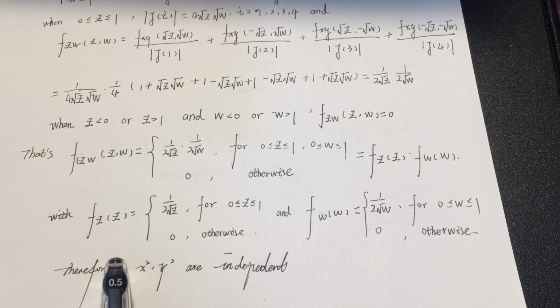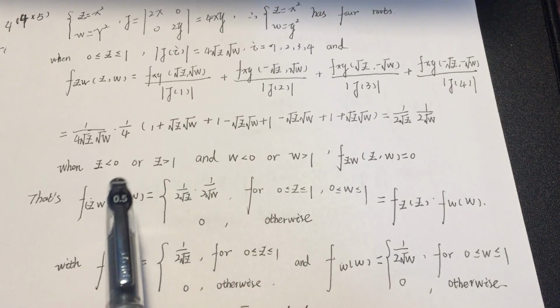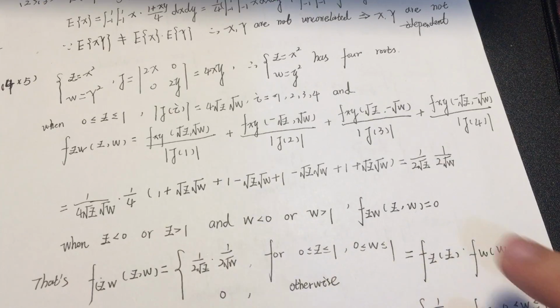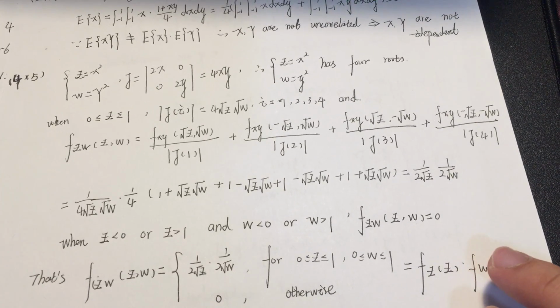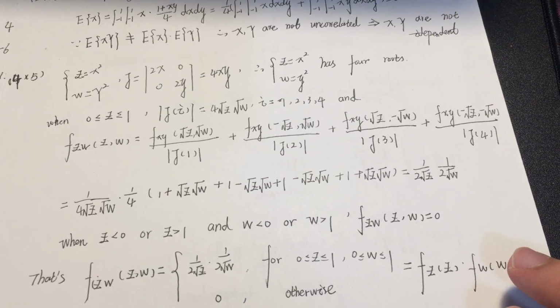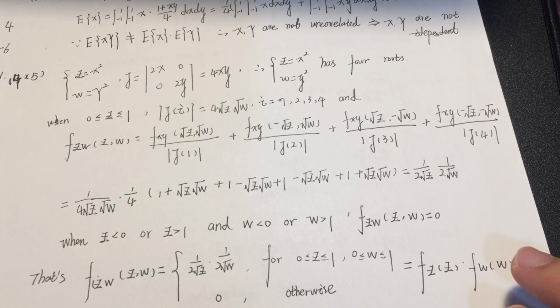And we know that Z and W can be transferred into X and Y, so we can also get the conclusion that X squared and Y squared are independent. So that's the result. Thank you.